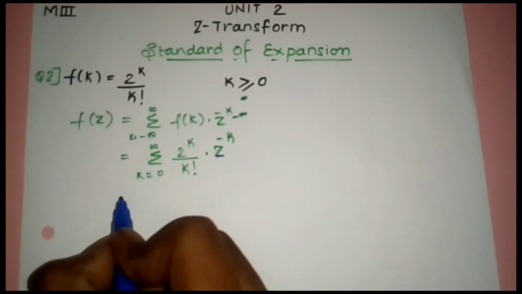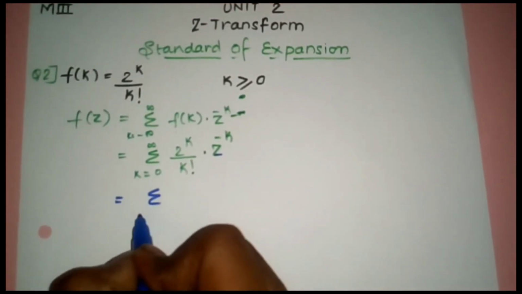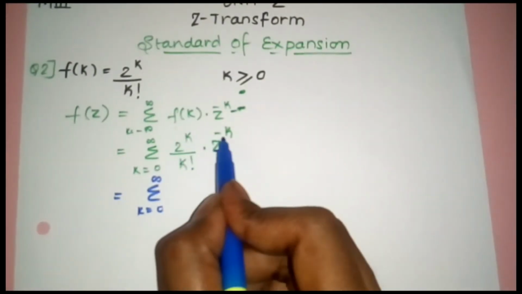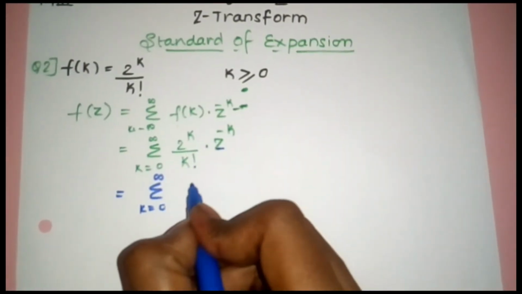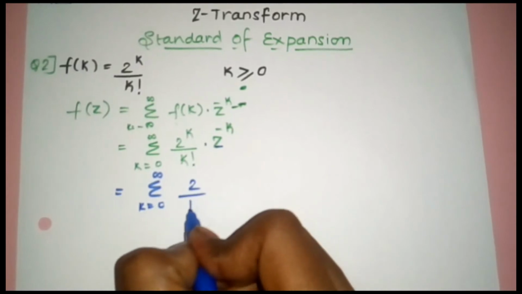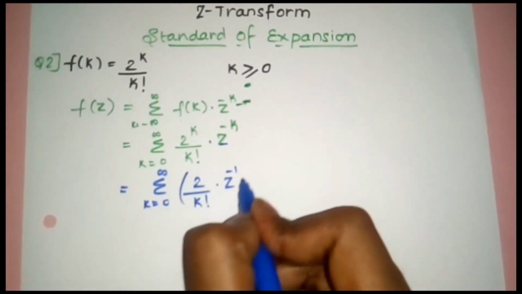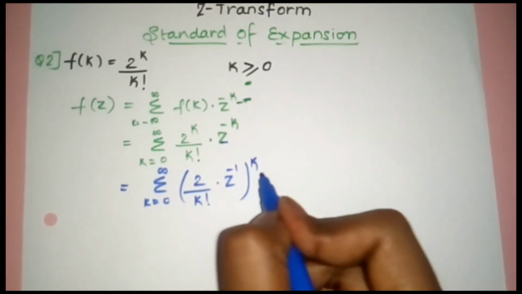So now summation of k equal to 0 to infinity. Now this k we can take outside, so it will become 2 upon k factorial into z raised to minus 1, and we can take this k outside.